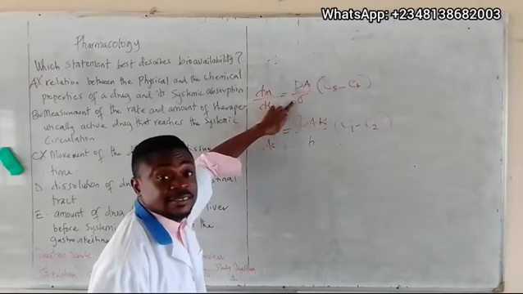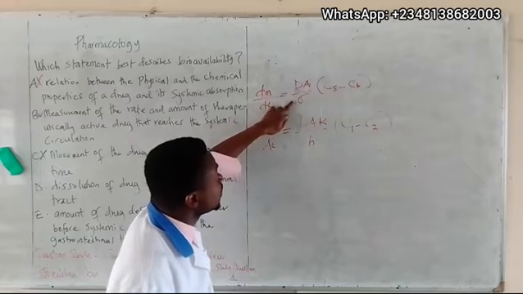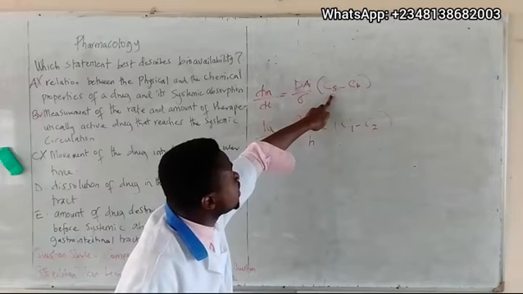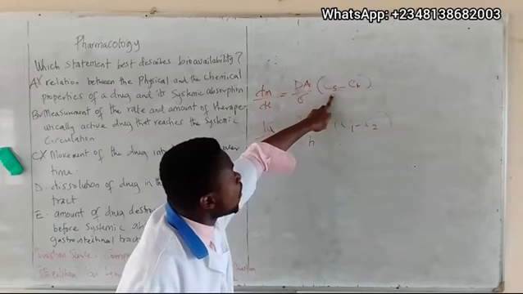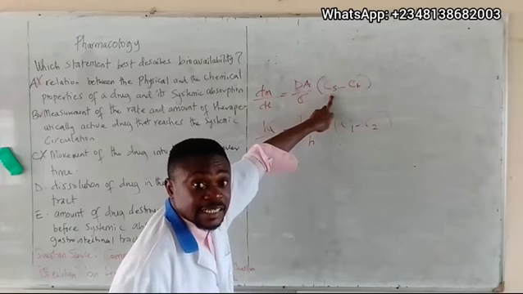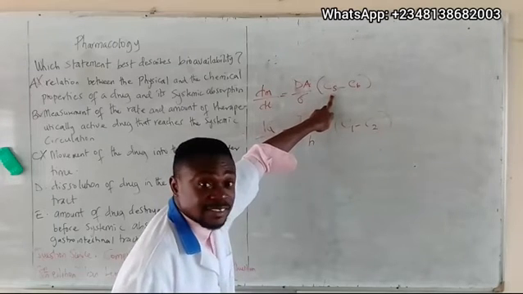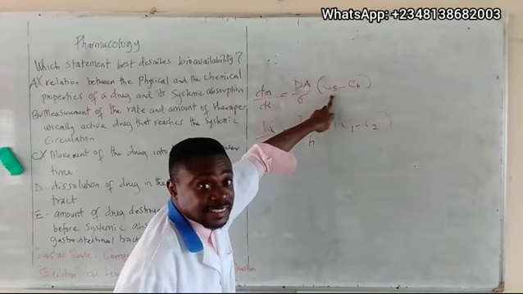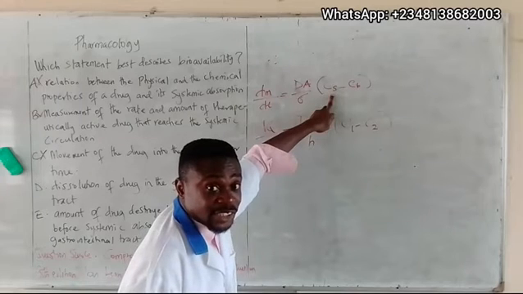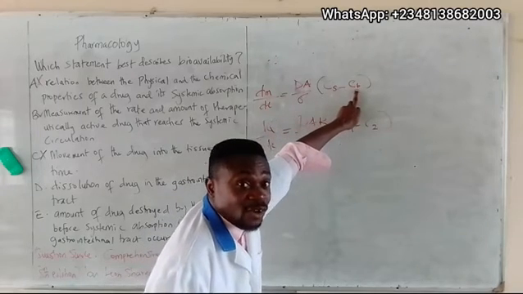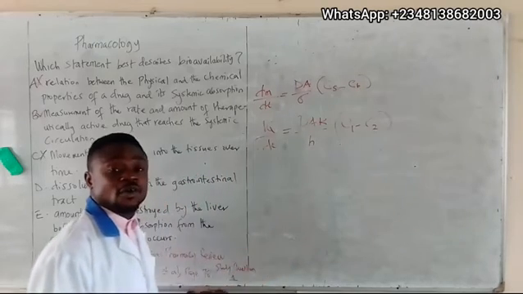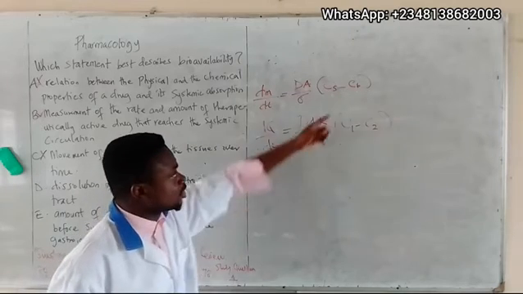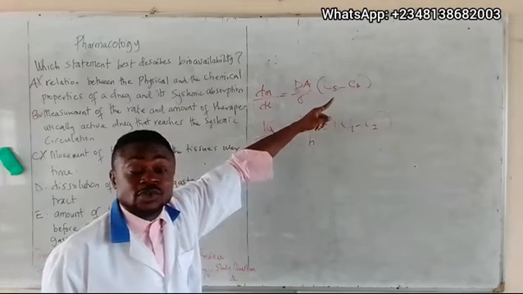They talk about the thickness of the diffusion layer. This is the concentration of the solute at saturation, where this is the concentration of the bulk solution. The concentration of the what? The bulk solution.